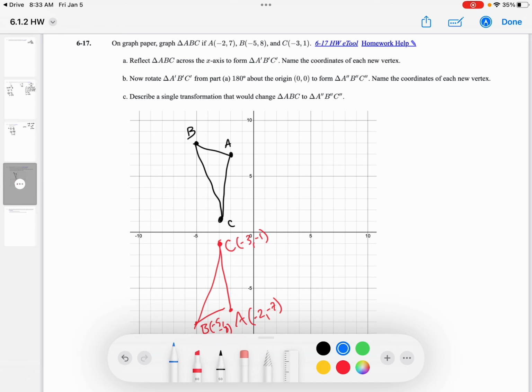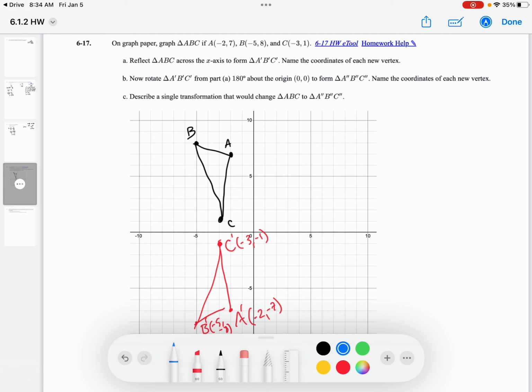Now in part B, it asks us to rotate this new triangle, A prime, B prime, C prime. Oh, sorry, these are primes. Rotate that 180 degrees about the origin to form A double prime, B double prime, C double prime. Okay, so we're going to rotate 180 degrees. Does it matter if it's 180 if we go clockwise or counterclockwise? It does not.